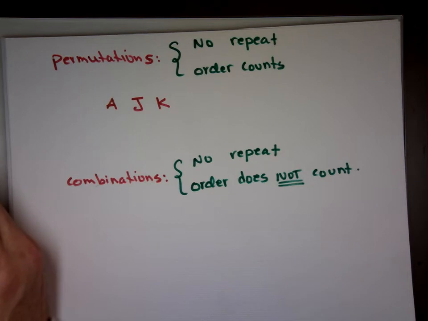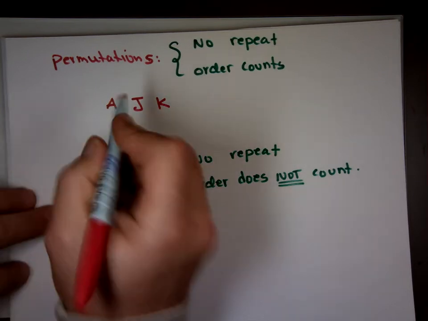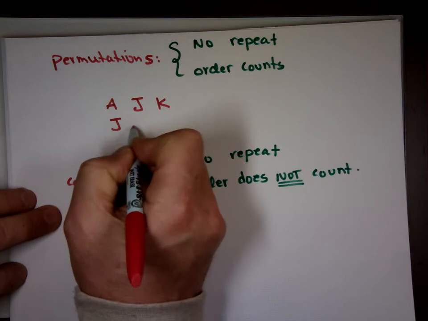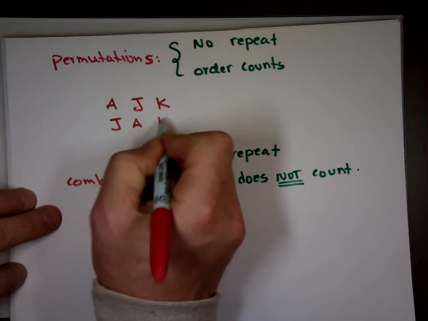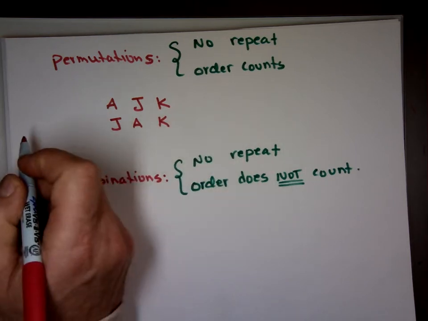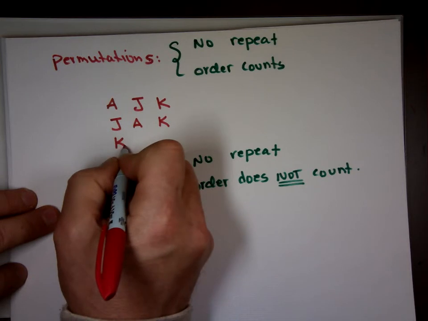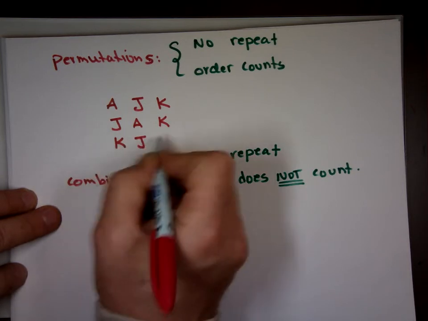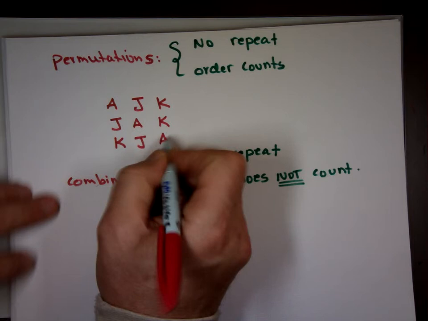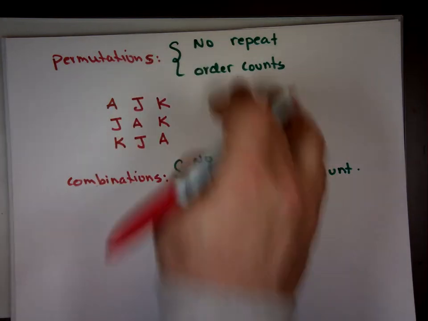That is different than if Jamie is the president, Adam is the vice president, Kathy is the treasurer. It's different than if Kathy is the president, Jamie is the vice president, and Adam is the treasurer. Each one is a different group, so the order here counts.